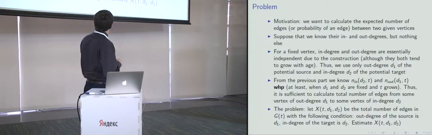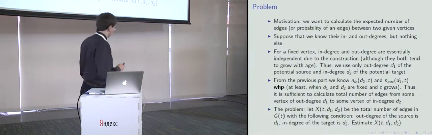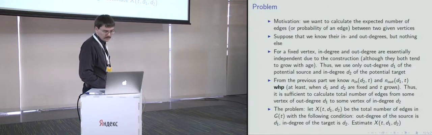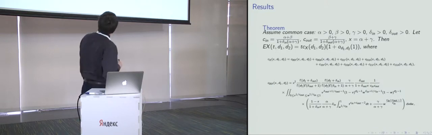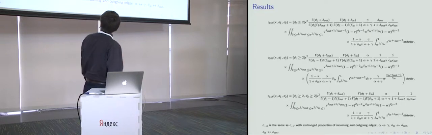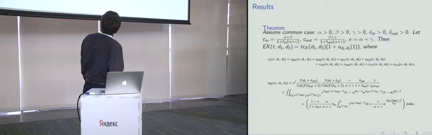And we define this quantity as the total number of edges where the out-degree of the source is D1, one of the parameters, and the in-degree of the target is D2, another parameter. The result is the theorem. Well, there are many special cases.